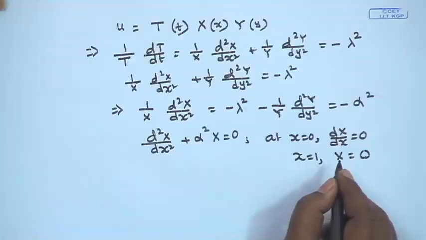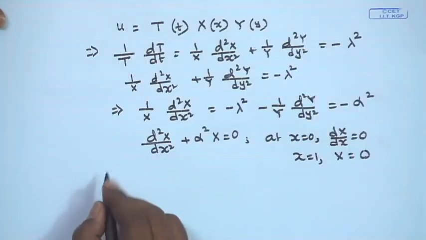Now, we have already seen the solution of this problem earlier, that if there is a Neumann boundary condition prevailing at x is equal to 0 and a Dirichlet at x equal to 1, then the eigenvalues are 2n minus 1 pi by 2, and the eigenfunctions were cosine functions. So, let us write that down.